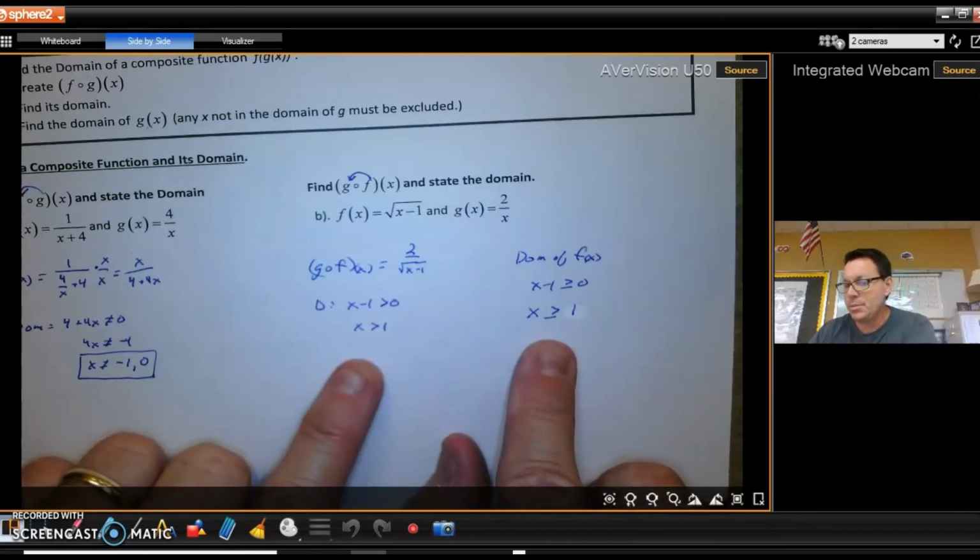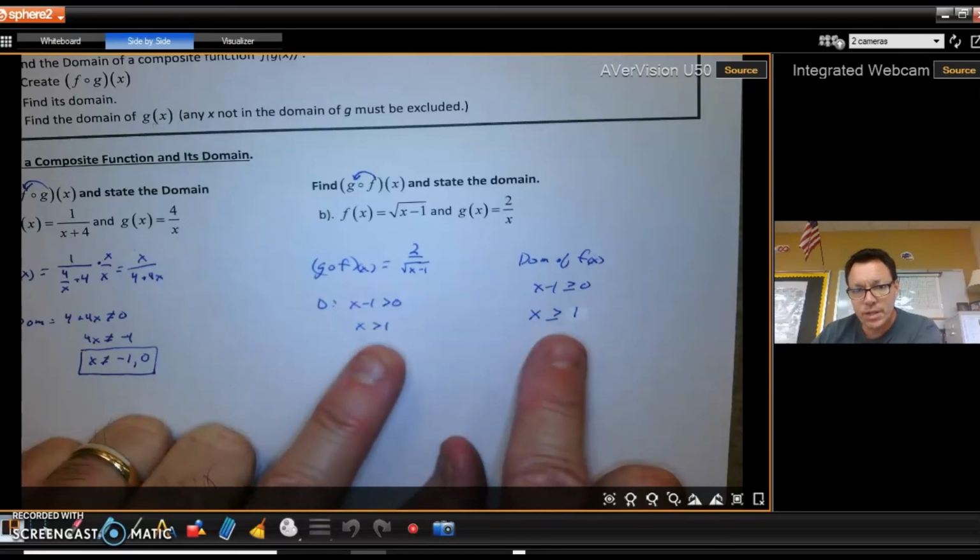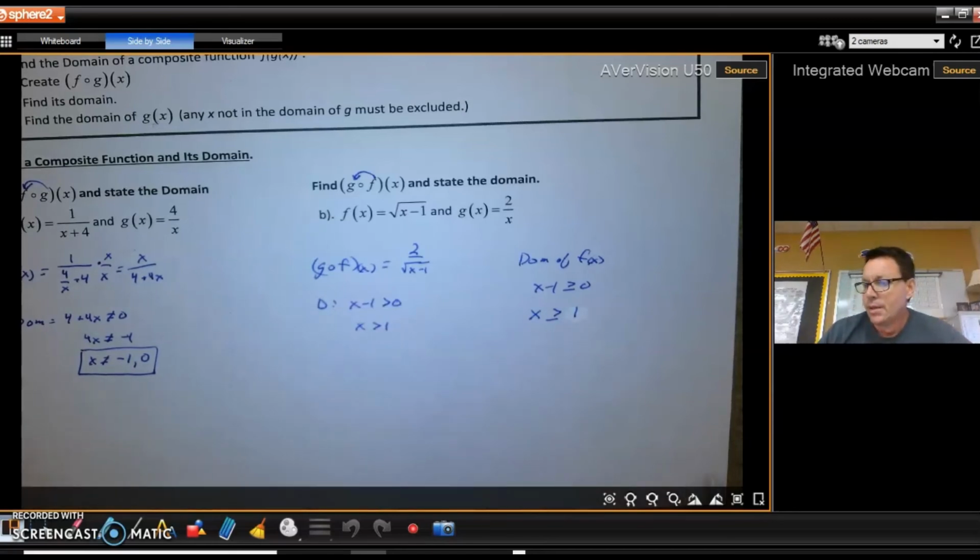So these seem to be conflicting a little bit with each other. So we have to choose which one of these is correct. So this one says that x can only be a number bigger than 1, and this says x can be a number bigger than 1 or equal to 1. Here's the rule. When you have a situation like this, you have to go with the more restrictive domain.